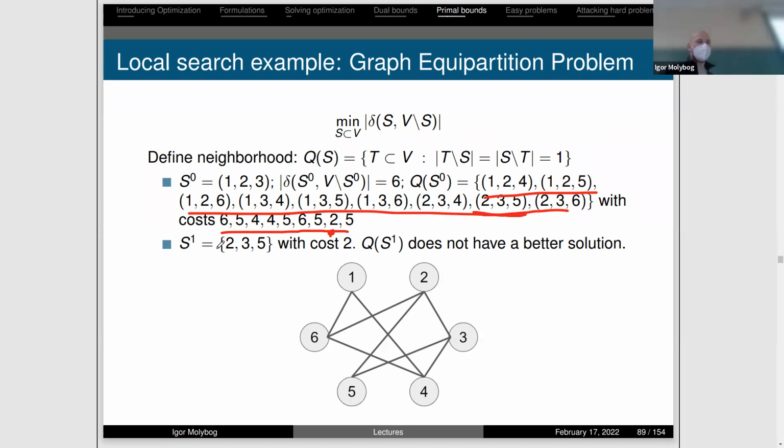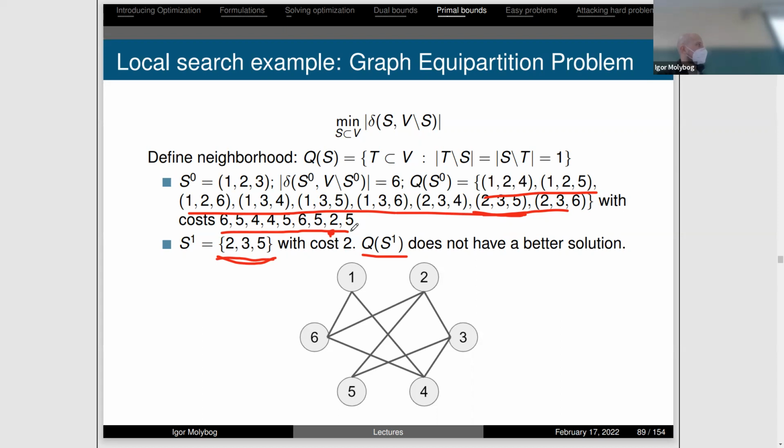So we pick the subset 2, 3, 5 with cost 2, and take a look at Q of S1 of this new set. If you were to write it down, you would realize that this list of costs consists of numbers that are all higher than 2.